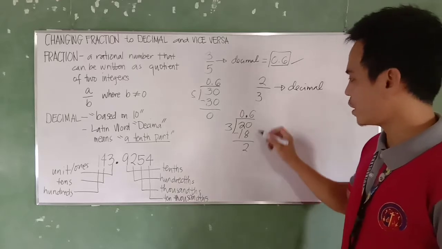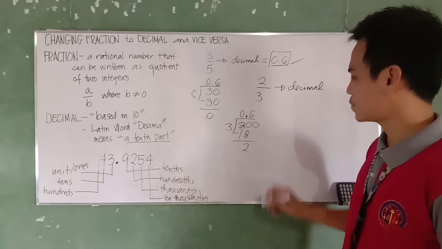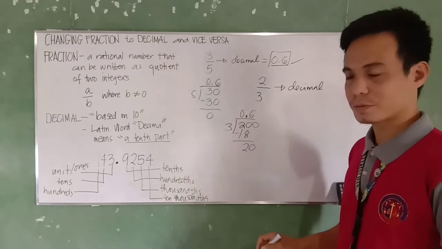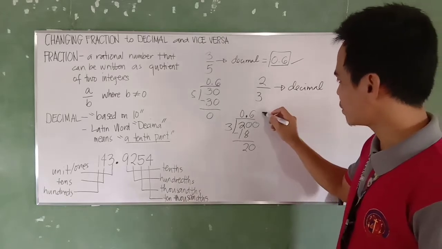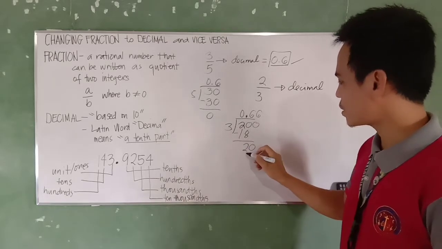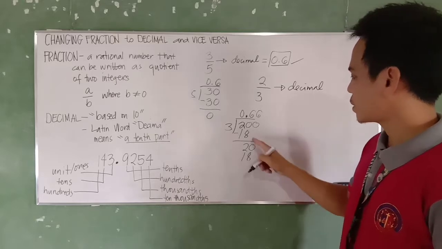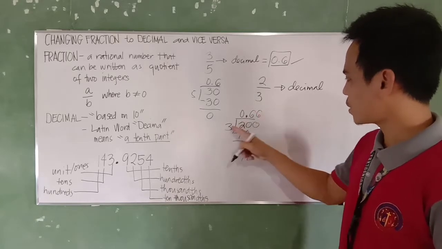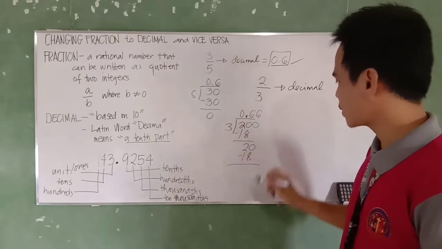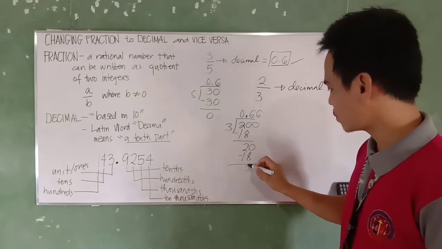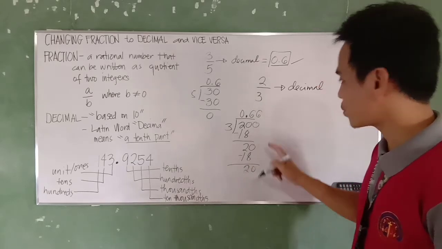Right? Then borrow 0 again. So this is 20. And this is 6. This is 18. 20 divided by 3 is 6. 6 times 3 is 18. So subtract again. This is 2. And 0 again.